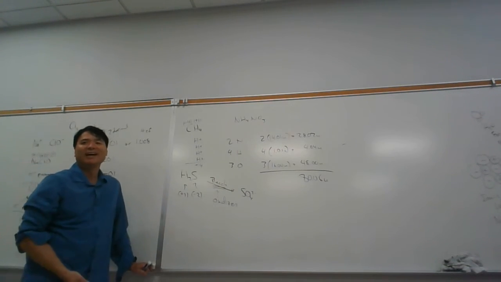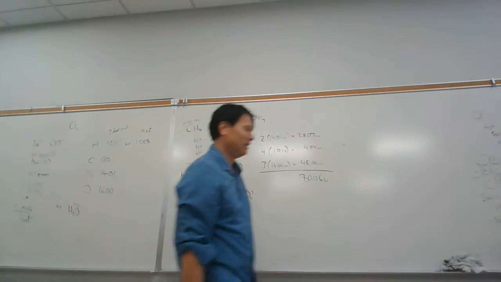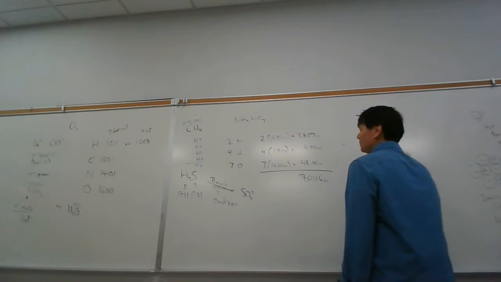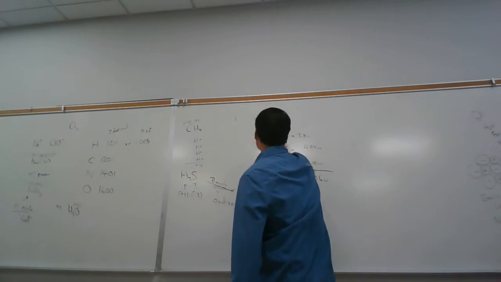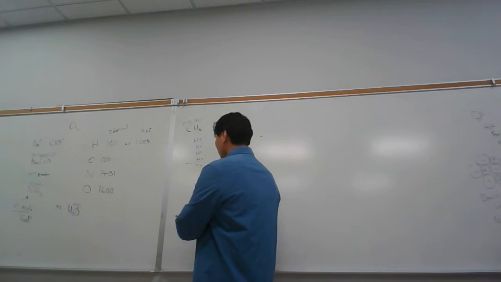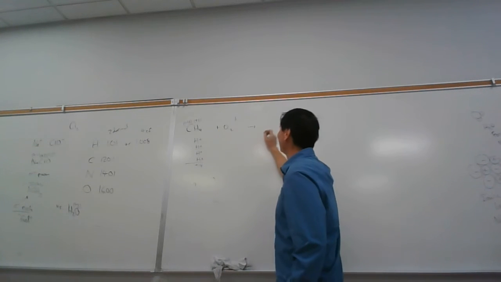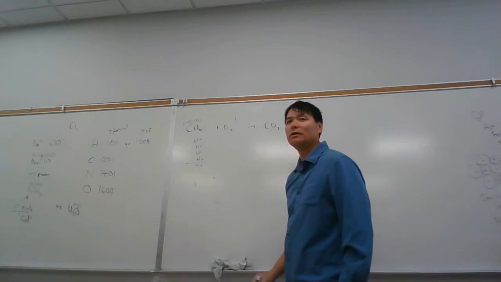In the end, how many electrons does carbon have? Well, carbon gets completely stripped of all of its electrons. So a thief comes along like oxygen, takes all the electrons, and carbon ends up as CO2.